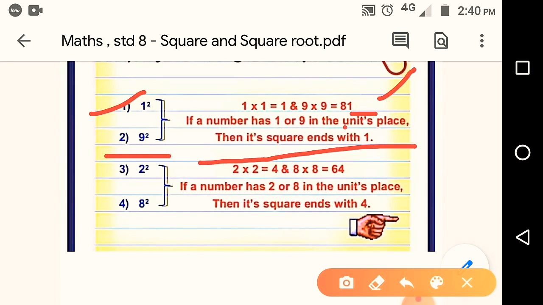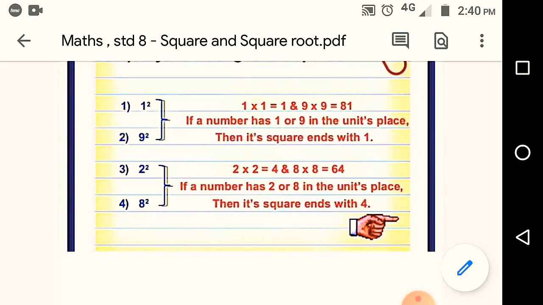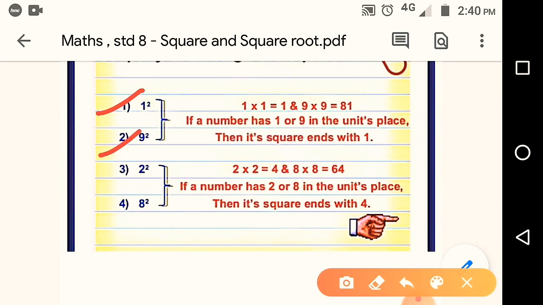So what is coming at the units place? 1. So this is a perfect square and this is also a perfect square. Both are perfect squares because both have last digit 1. So if the last digit is 1, that number can be a perfect square. By seeing the last digit, however big the number, 4 digits or 5 digits, you can tell whether it is a perfect square or not.